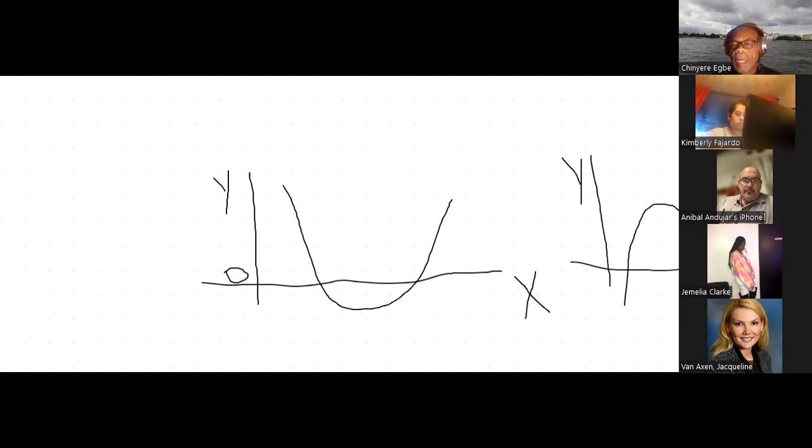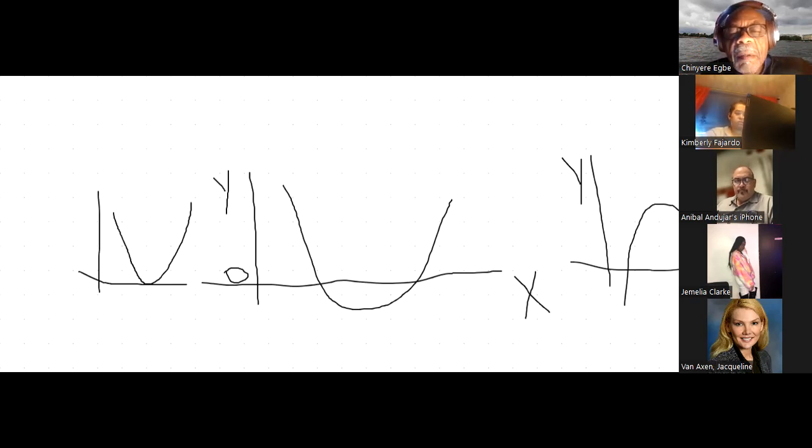Sometimes it just touches the x-axis and then begins to go up again, and it goes both ways. It can come from the bottom, touch the x-axis at the maximum, and then begin to fall again. So you're going to see the quadratic function in different ways.